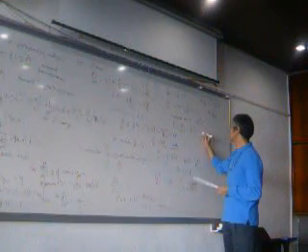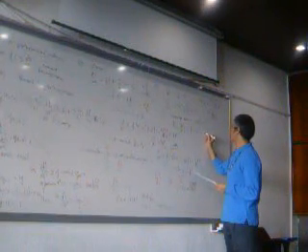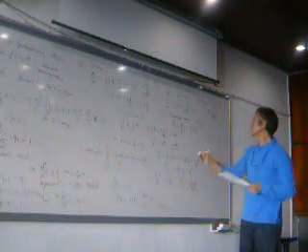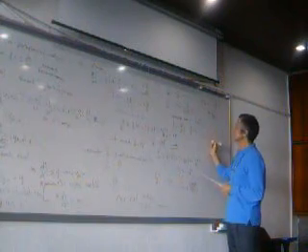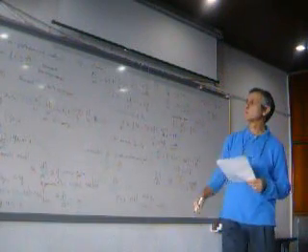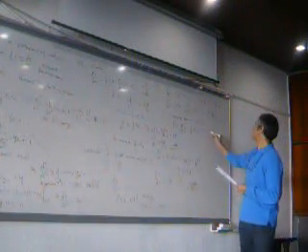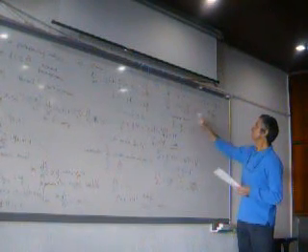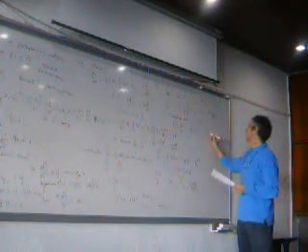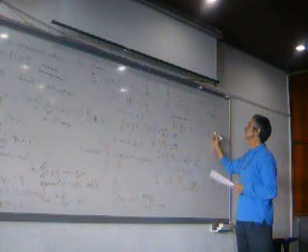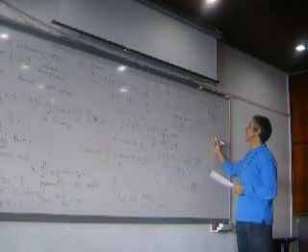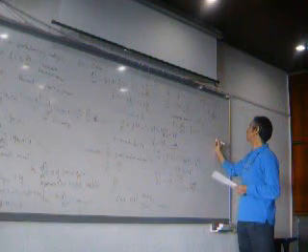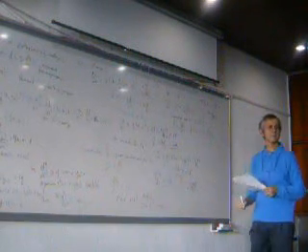Plus what? X minus 0, is this correct? Times what evaluated as what? This minus 3x squared evaluated at 0 comma 0. Alright?